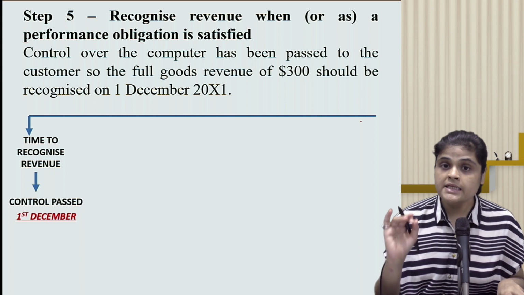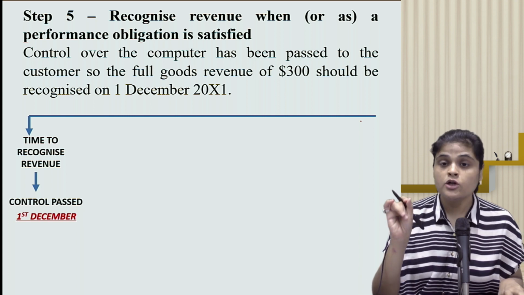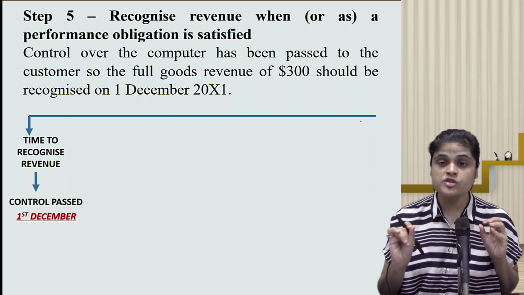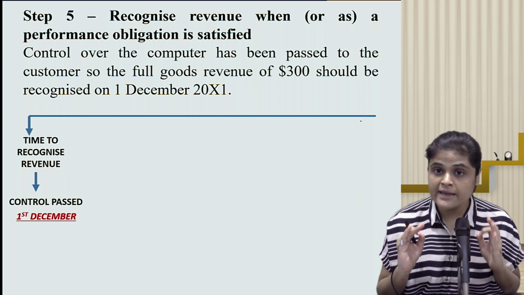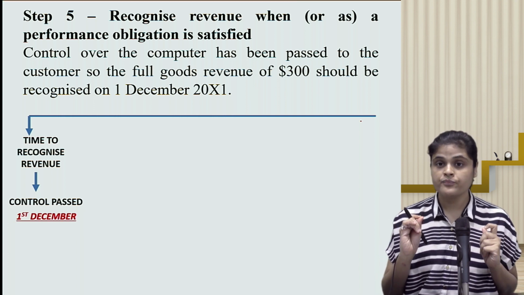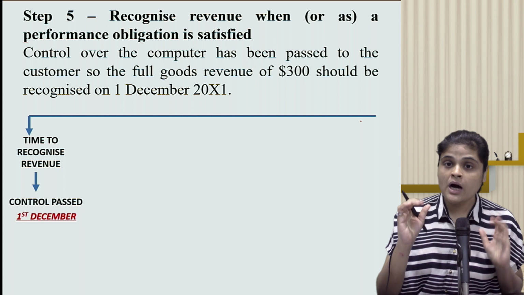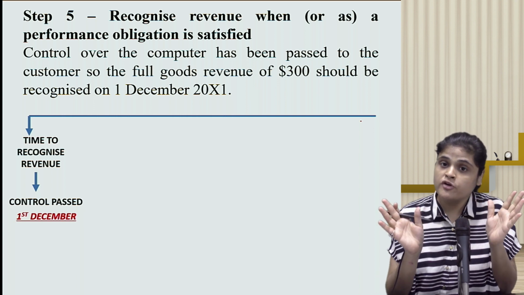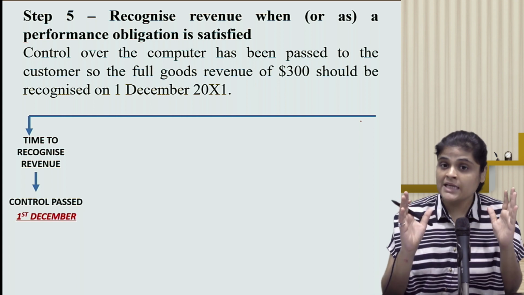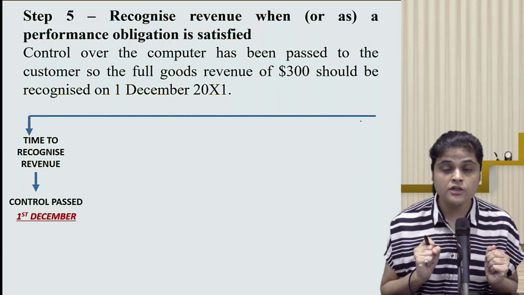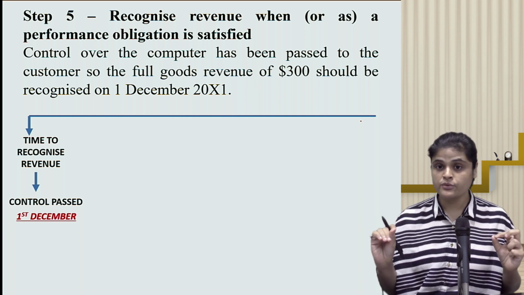Step number 5 deals with when to recognize the revenue, which means what is the timing to record revenue. We will have to identify 2 performance obligations, and based on each category of promises, we will conclude when to record revenue.